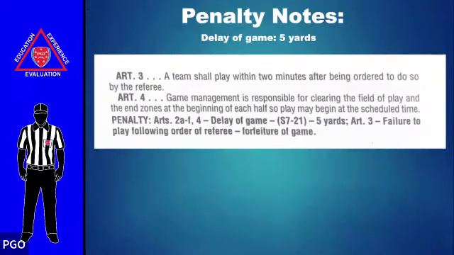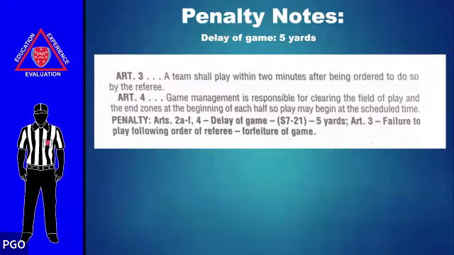So one of the biggest things that I really want everybody to understand in the rule book, in each rule book, at the end of every section, sometimes they have what we call penalty notes. And this is actually the first one in the rule book from Rule 1. This is the first time they actually have penalty notes at the bottom.